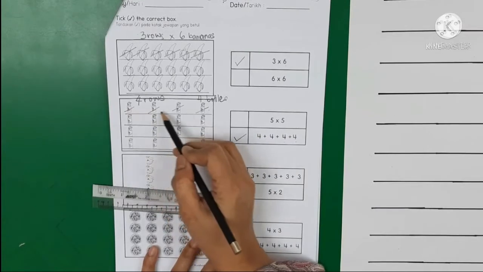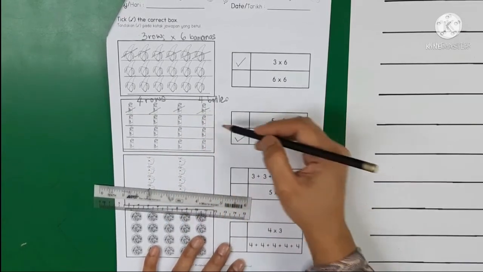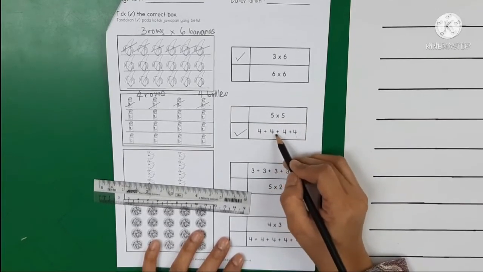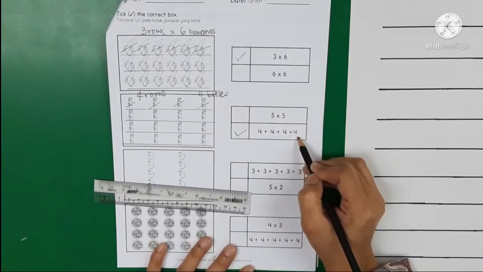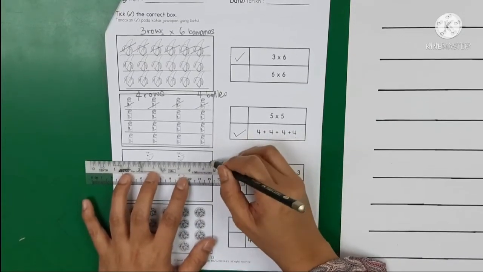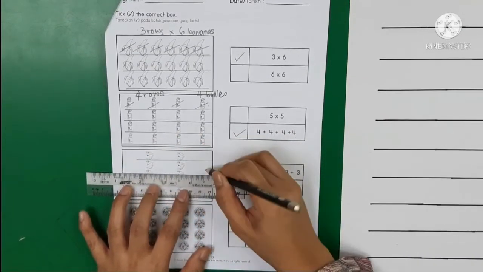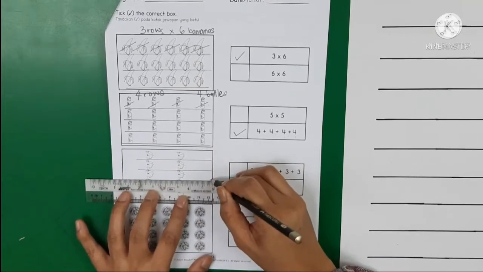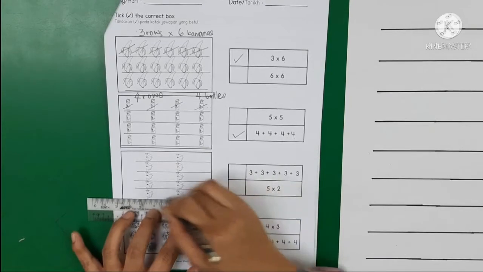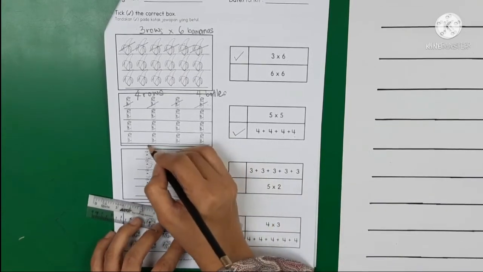This is 4 rows times 4 bottles equals 4 plus 4 plus 4 plus 4. Next, how many rows? 1, 2, 3, 4, 5. We have 5 rows.